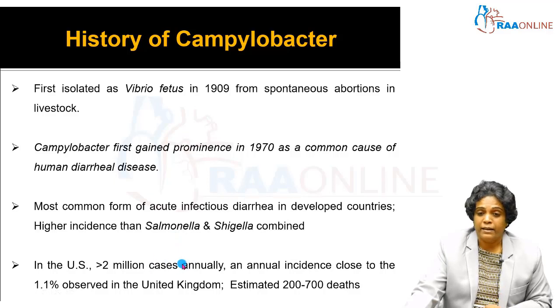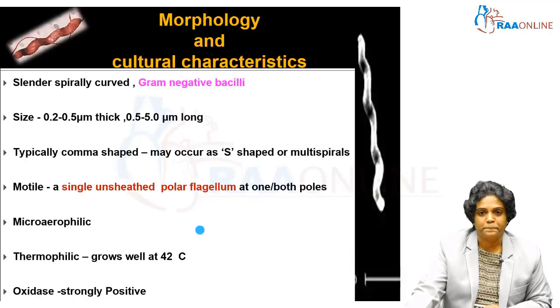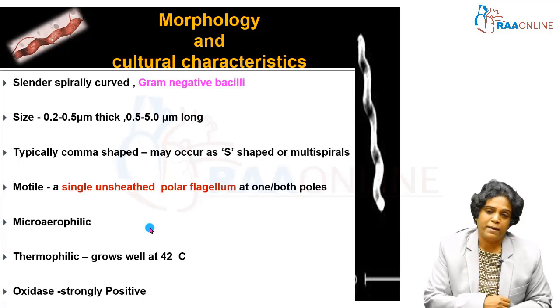And in nations like the United Kingdom, the incidence is also very high, and the estimated deaths are around 200 to 700 annually.